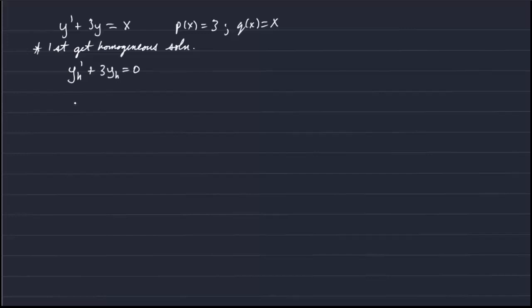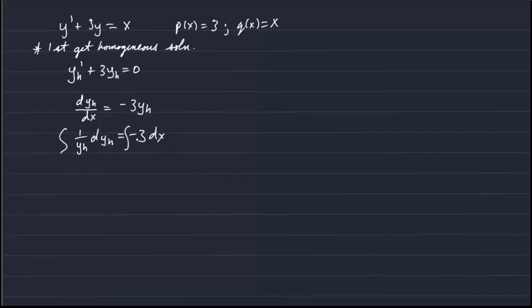So we have dy sub h dx is equal to minus 3y sub h, and that gives us 1 over y sub h times the differential of y sub h is equal to minus 3 dx.